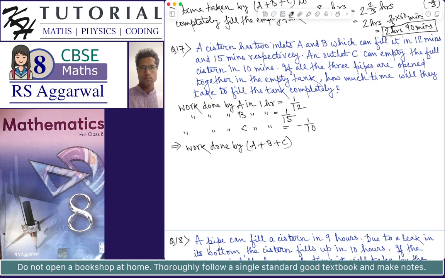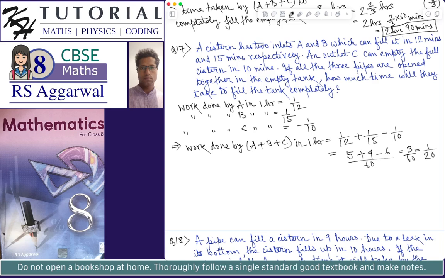Work done by A plus B plus C in 1 hour is equal to 1 by 12 plus 1 by 15 minus 1 by 10. This is equal to, the LCM will be 60. So 5 plus 4 minus 6. This is equal to 9 minus 3 by 60, which is equal to 1 by 20.